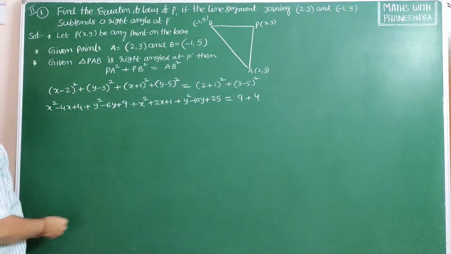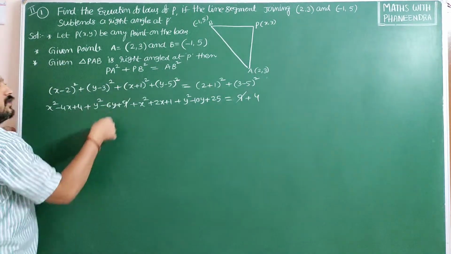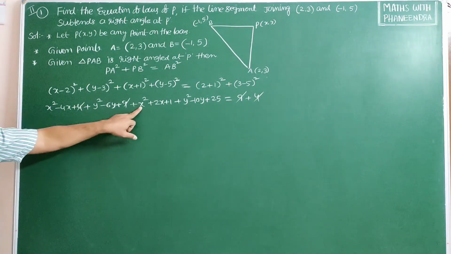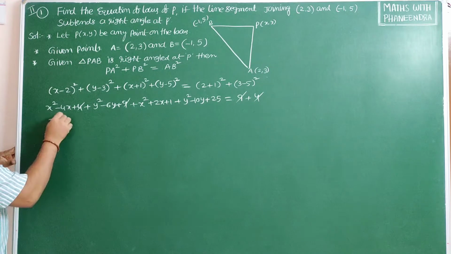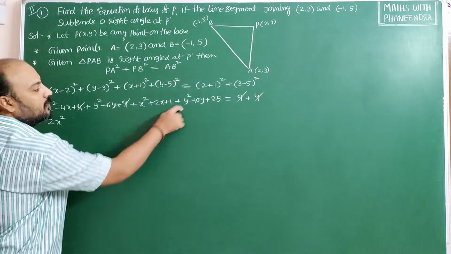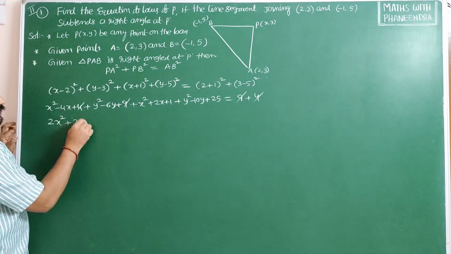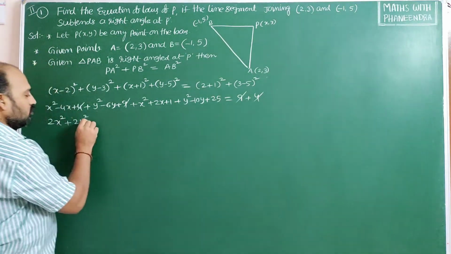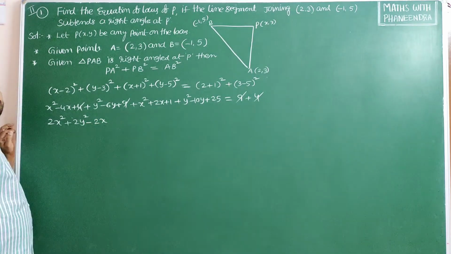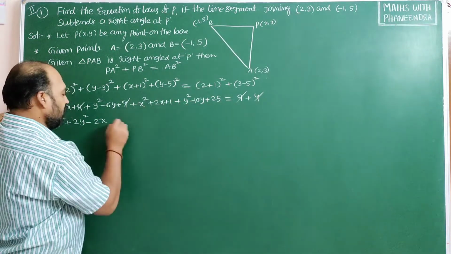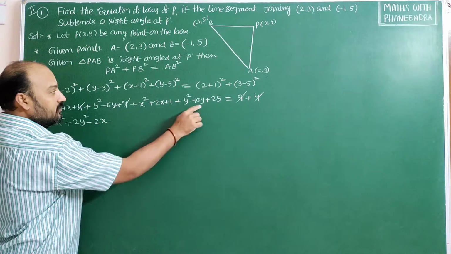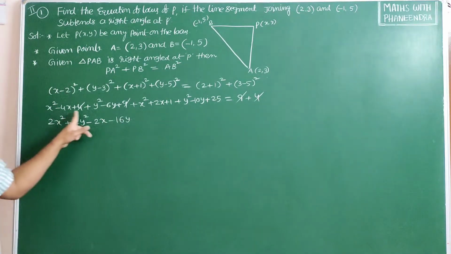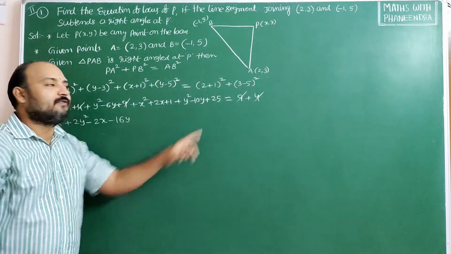So on both sides 9, 4, 4, you can cancel it. x square plus x square, 2x square. Next y square terms, y square plus y square, 2y square. Next x terms, here minus 4x plus 2x, so minus 2x. Minus 6y minus 10y, so minus 16y. Next constants, 1 plus 25, 26.